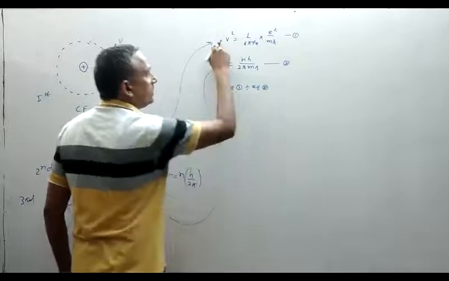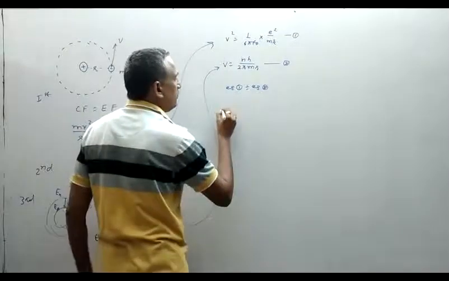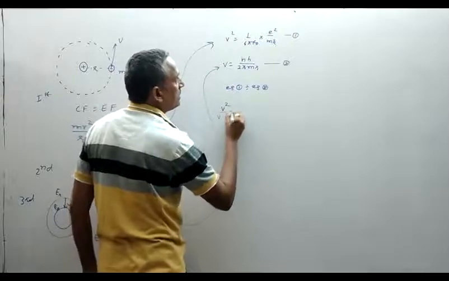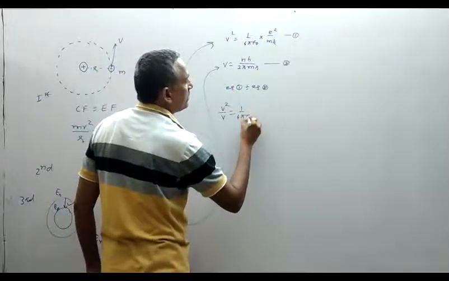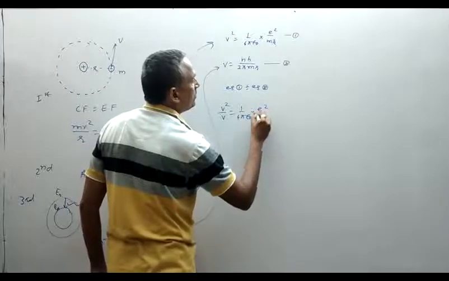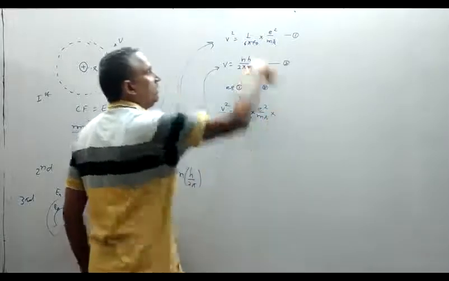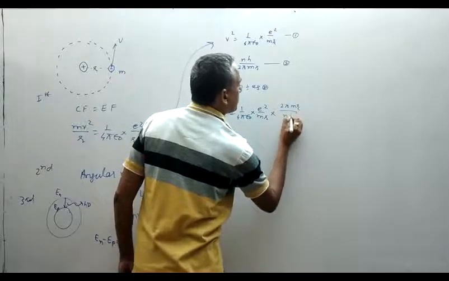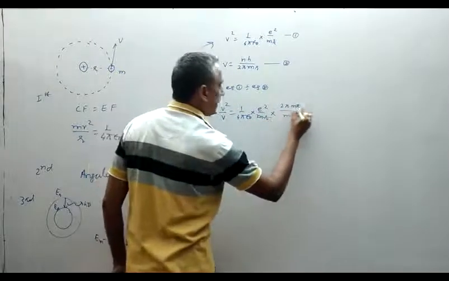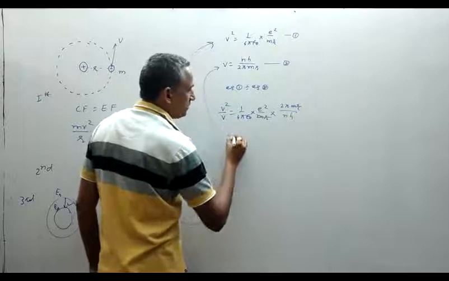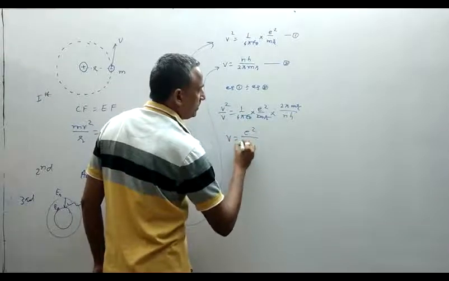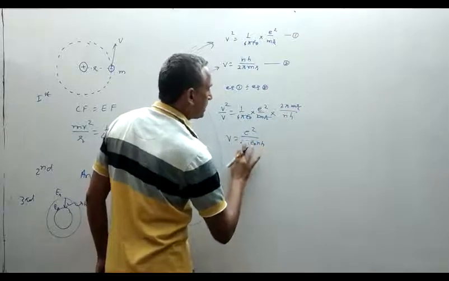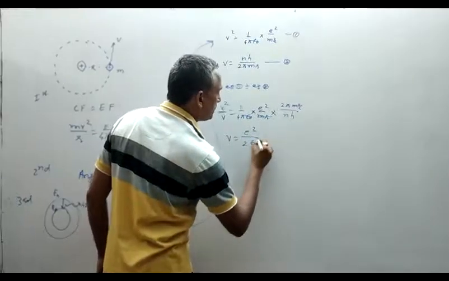When we divide, v cancels. Now we can write v upon v is equal to 1 upon 4 pi epsilon 0 multiplied by e square upon mr multiplied by 2 pi mr upon nh. So here mr cancels, v cancels, therefore v is equal to e square upon 2 pi epsilon 0 nh. Pi cancels, so here 2 epsilon 0 nh.